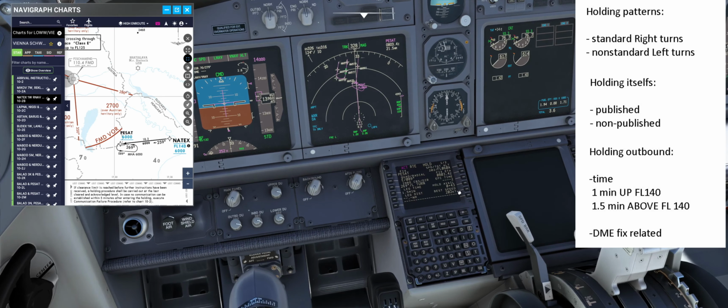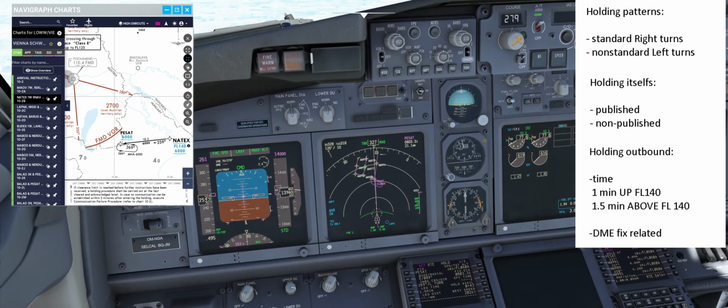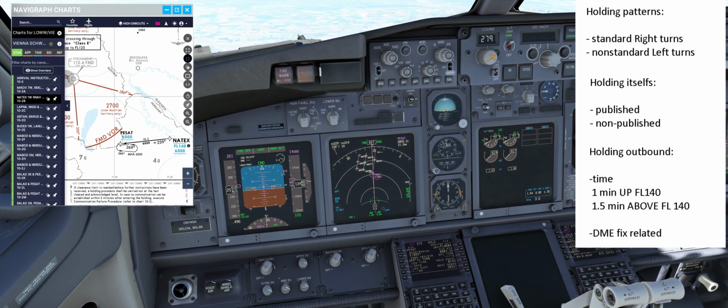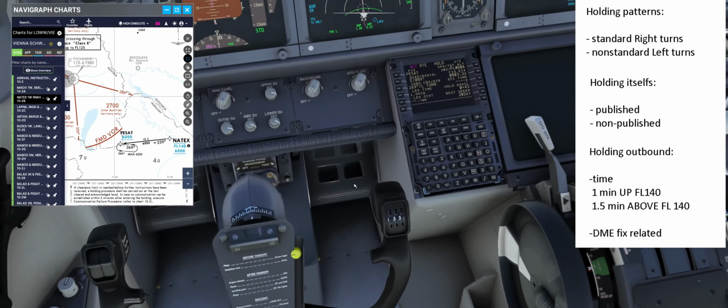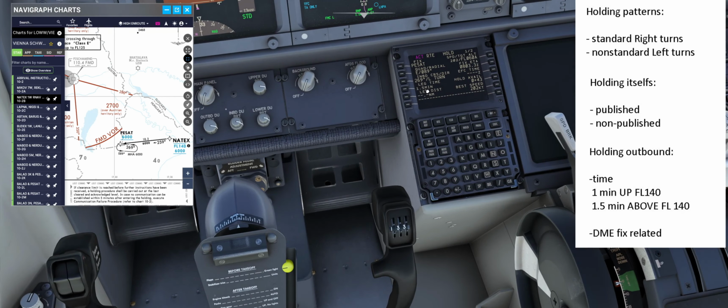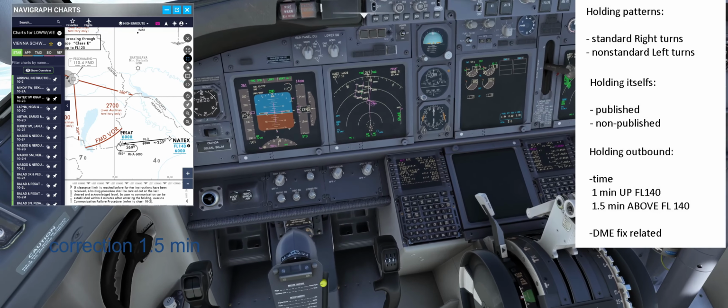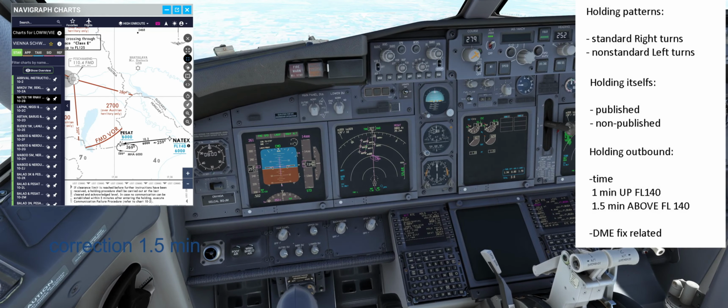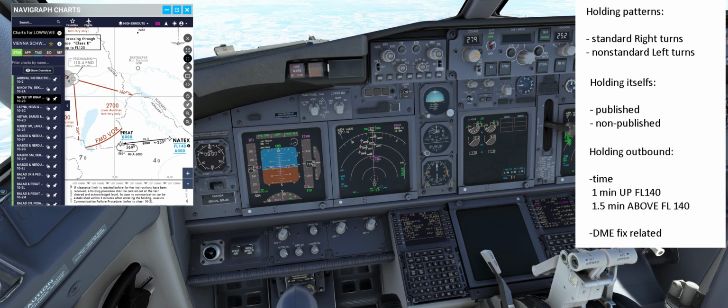So once again, this is the best speed, this is the holding fuel available, and now you can see that we are at flight level 140, so our outbound leg is 1 minute. Imagine that we are cleared to flight level, let's say 100, okay? So we are going to flight level 100.